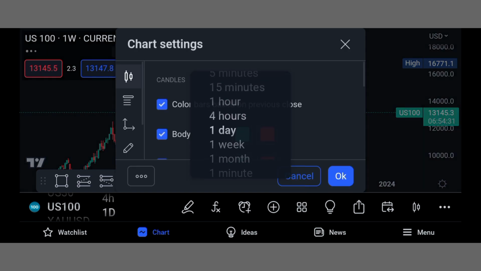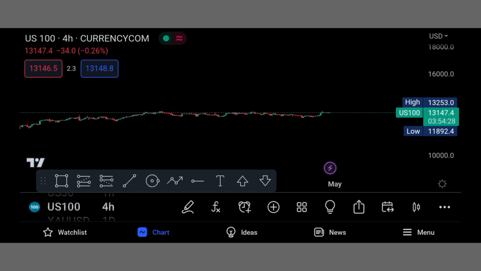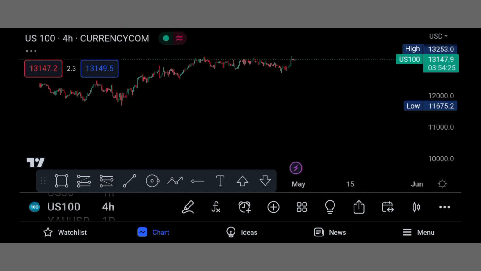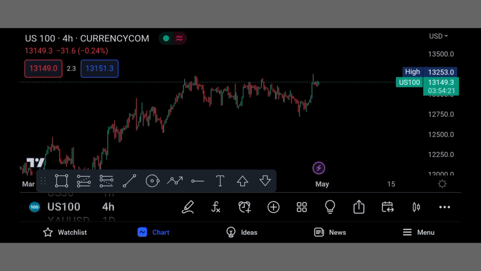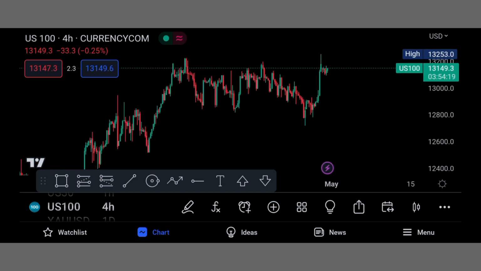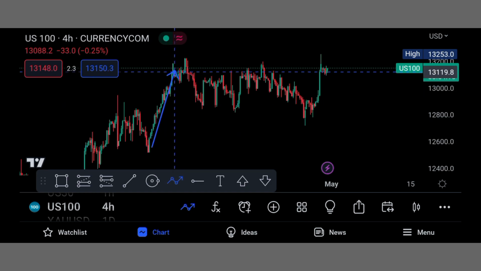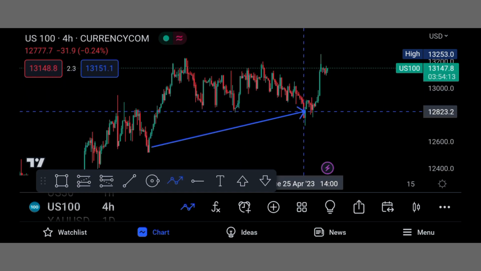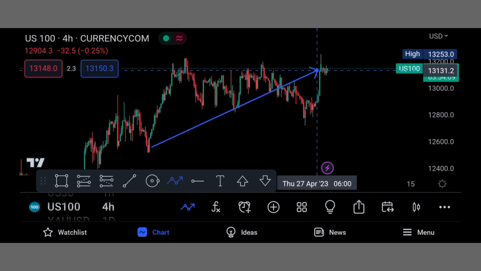Going over to the H4 time frame, right? So on the H4, you can see guys that we have a correction. Here you can see that we had an impulse, and here it was a deeper correction, then an impulse, and here I can see a correction.